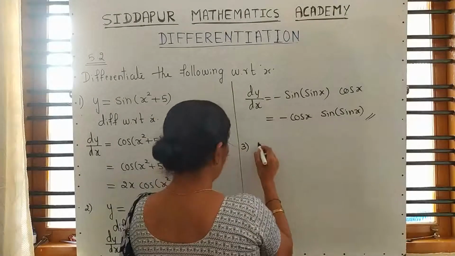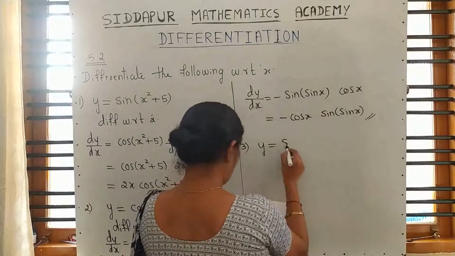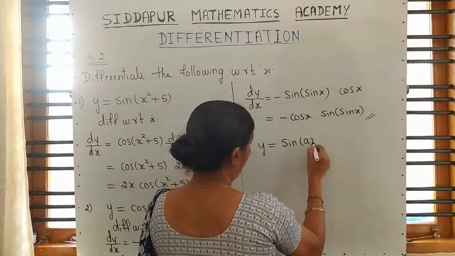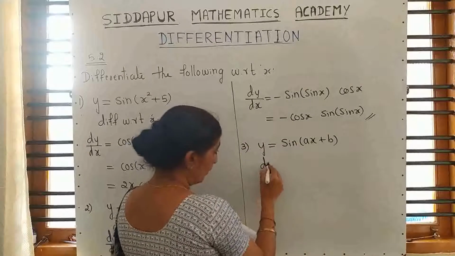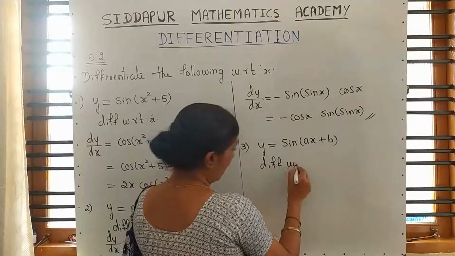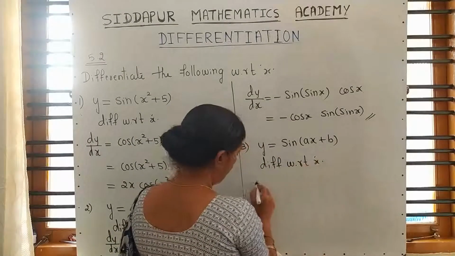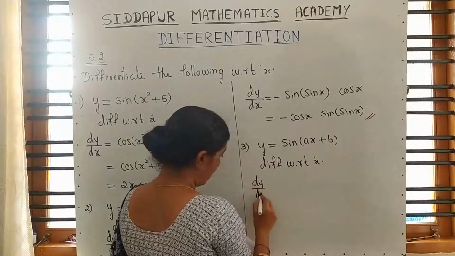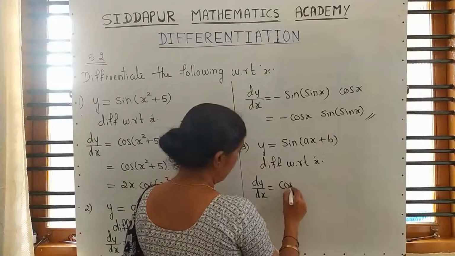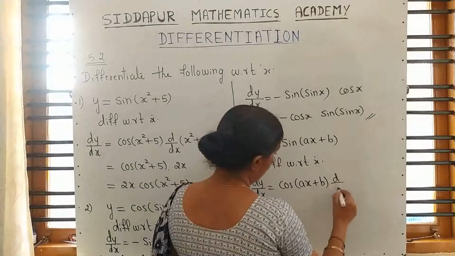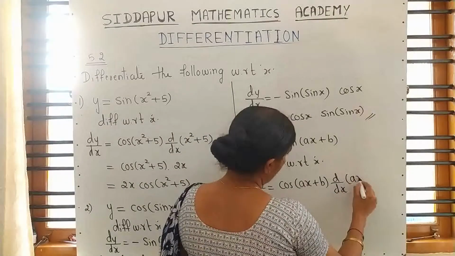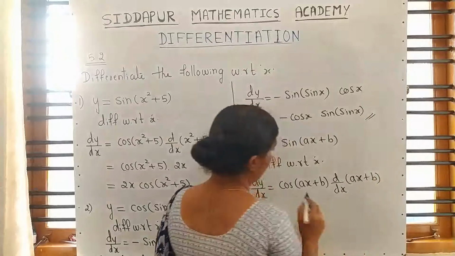Third question. Y is equal to sin of ax plus b. Again, there is no power for the trigonometric term. Directly we have to differentiate the trigonometric term. Dy upon dx. Differentiation of sin is cos of ax plus b into differentiation of ax plus b.